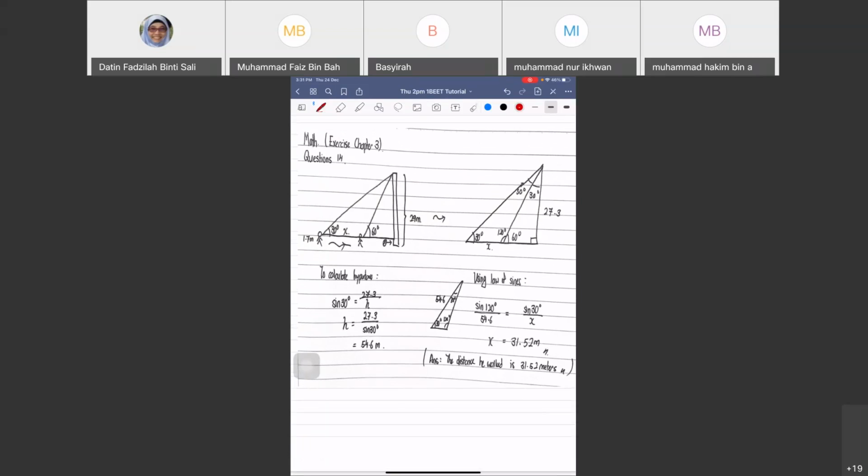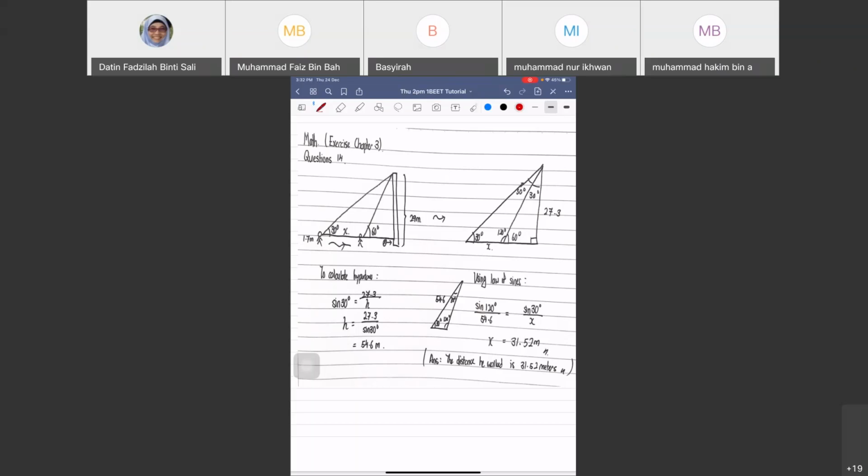You have a 1.7 meter tall boy standing at some distance from a 29-meter tall building. The angle of elevation from his eyes to the top of the building increases from 30 degrees to 60 degrees as he walks towards the building. Find the distance he walked towards the building.